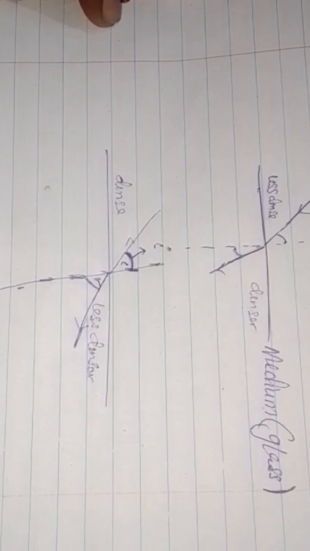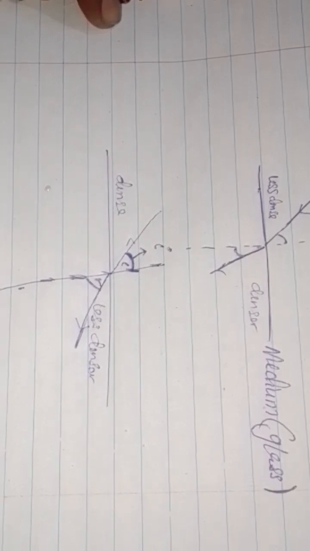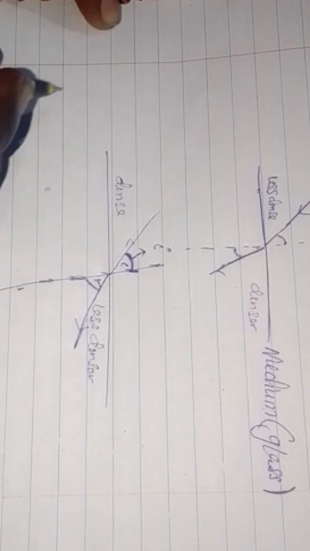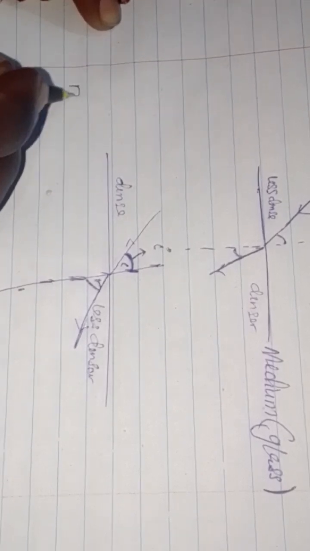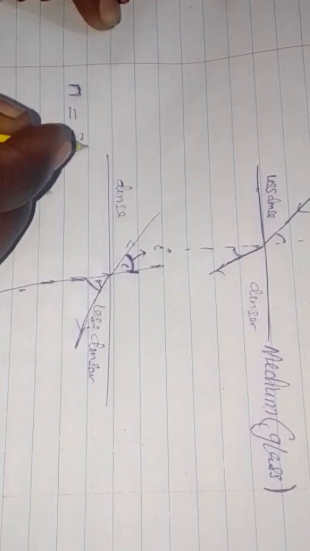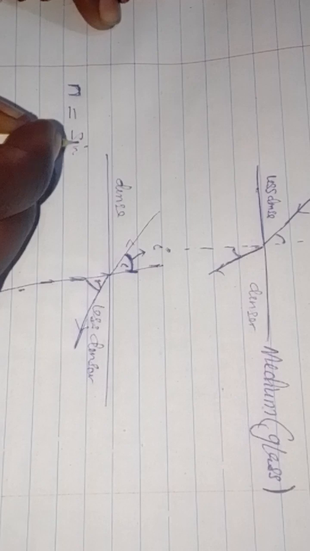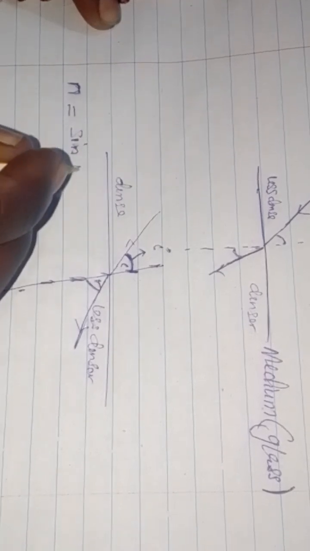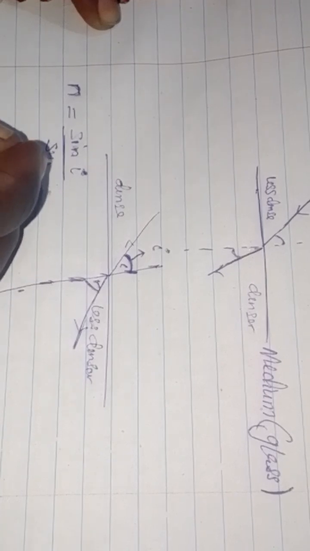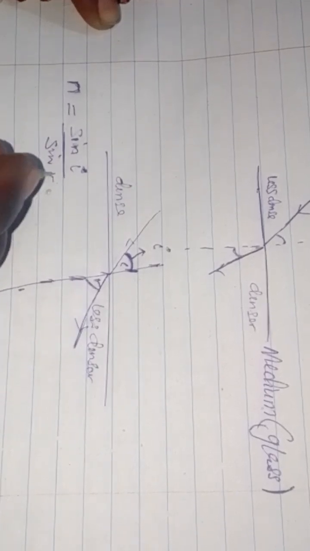We also learned how to find the refractive index. We said the refractive index is represented by n. n is equal to the sine of the incidence angle over the sine of the angle of refraction.